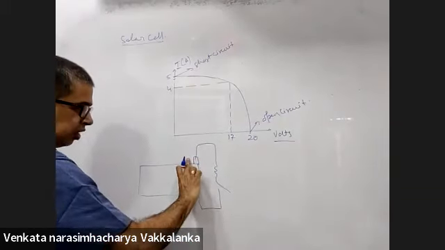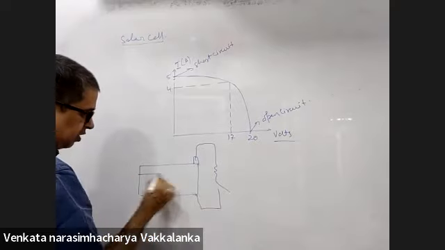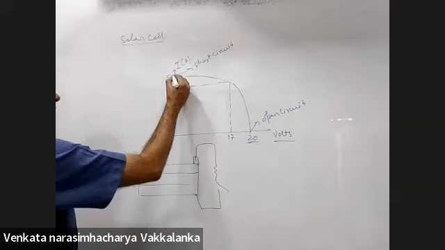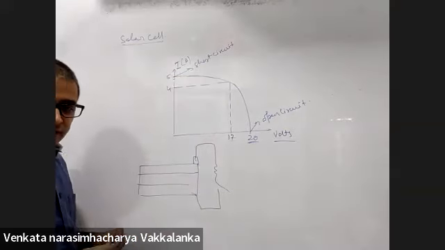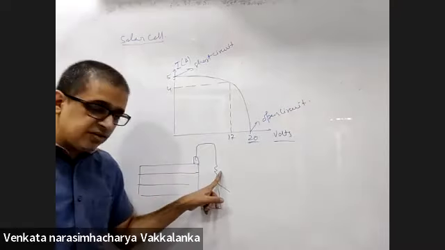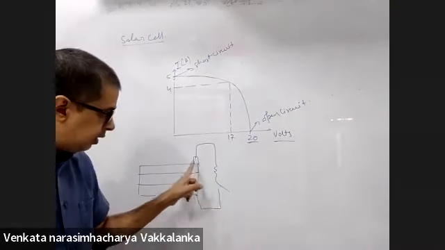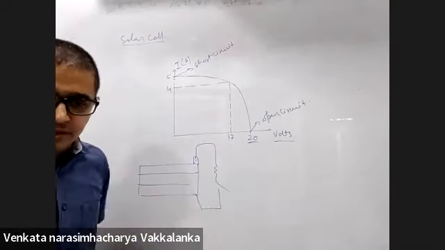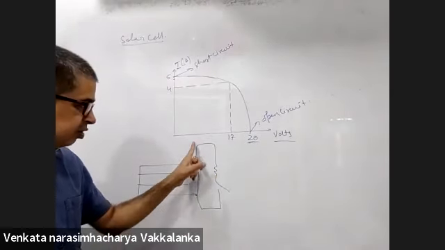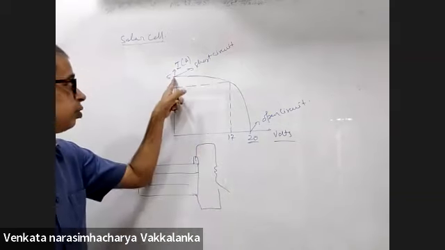At open circuit, what is the potential difference across the solar cell? It will be 20. You connect this, the current will be maximum of 5. So for short circuiting, if the resistance is negligibly small, then the current flowing through is 5 amperes.